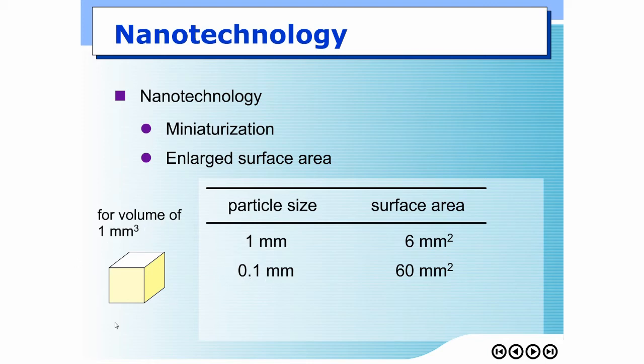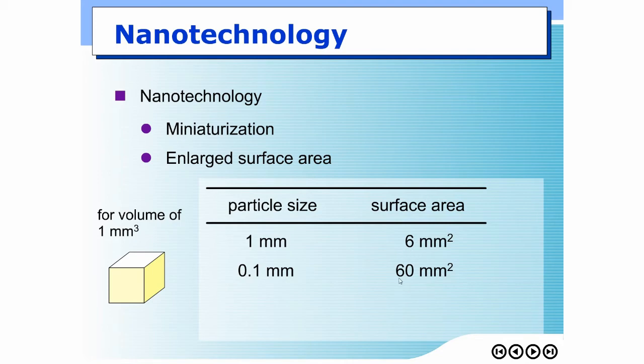If I keep the same volume of 1 cubic millimeter, but make the particles smaller to 1/10 in each side, then the surface area increases 10 times, from 6 square millimeters to 60.